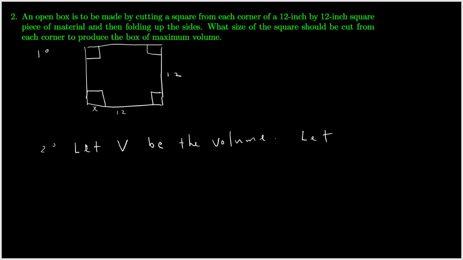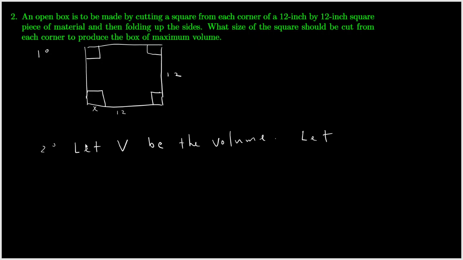The quantity you want to maximize depends on the size of the corner squares. So try to understand that, okay? If the size of the corner squares is given, is determined, then the volume is determined. If you change the size of the corner squares, then the resulting volume is going to be different. So the volume depends on the size of the corner squares.